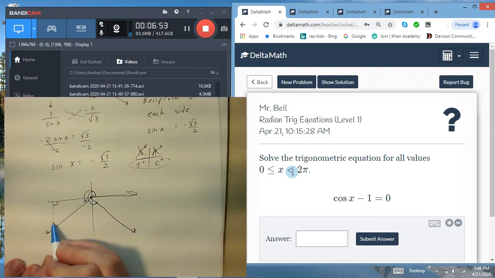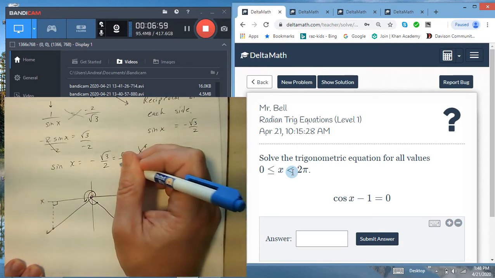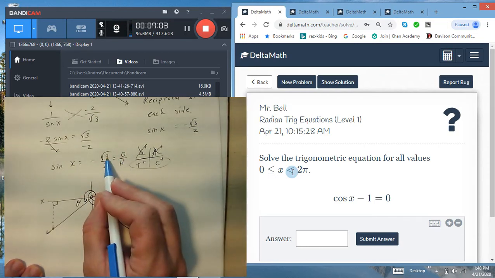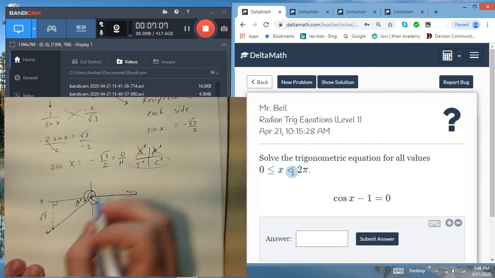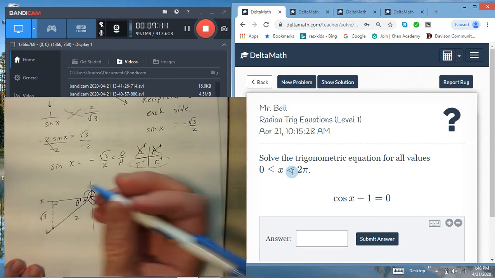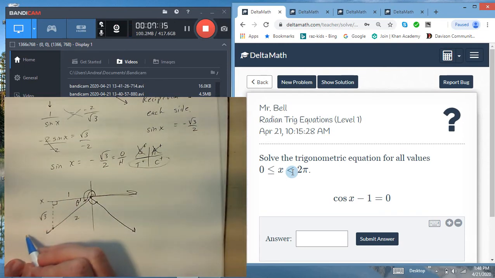Remember, we always make our reference triangles with our x-axis. And let's work backwards. Sine is y over r, or opposite over hypotenuse. So opposite this reference angle, I'm going to replace square root of 3. Okay, hypotenuse 2. This is looking like our 30, 60, 90 relationship. It is. If you weren't sure and needed to use Pythagorean theorem off to the side, you could.